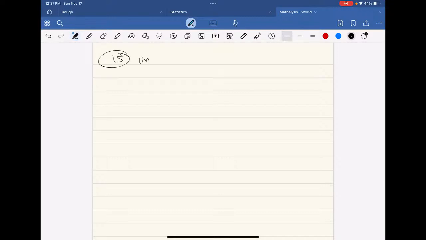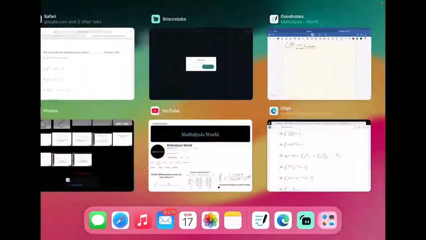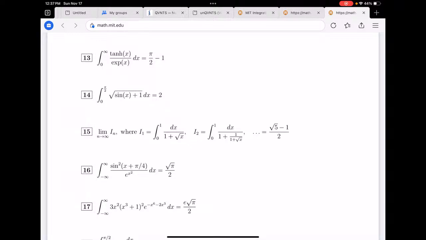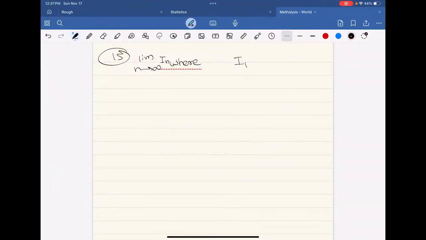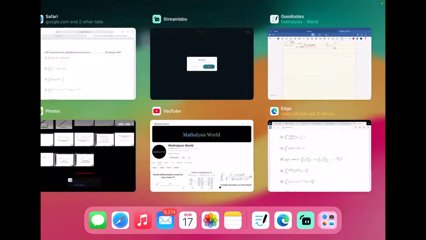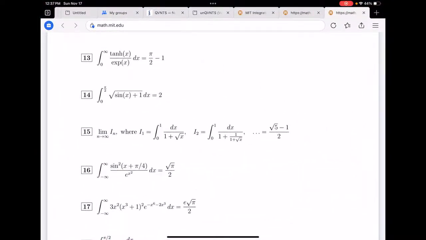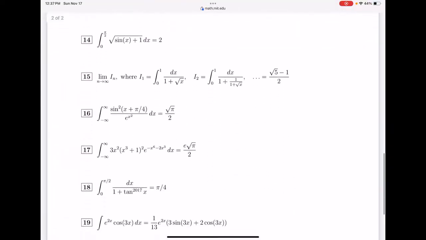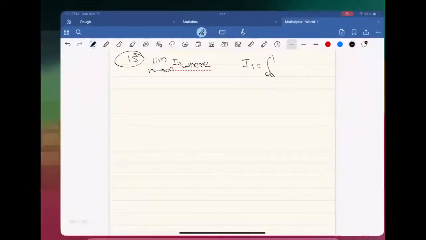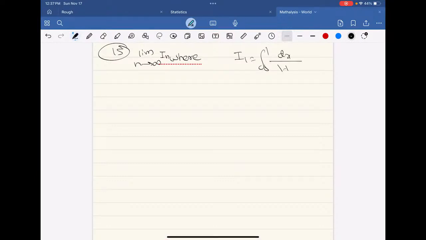We need to find the limit as n goes to infinity of I_n, where I1 is the integral from 0 to 1 of dx by 1 plus root x.